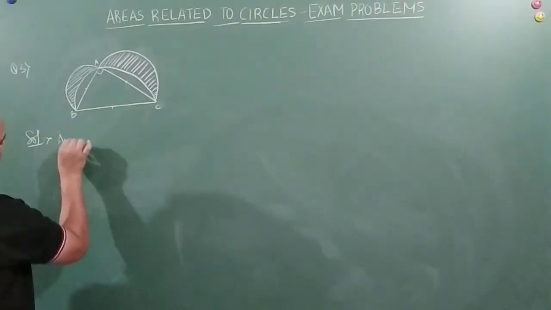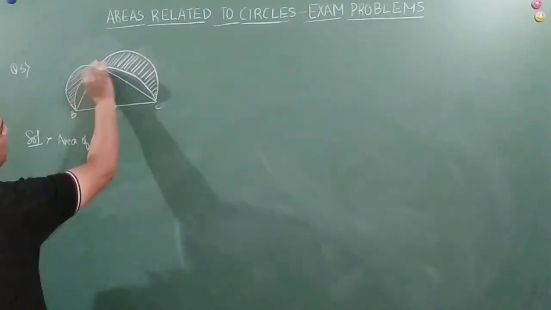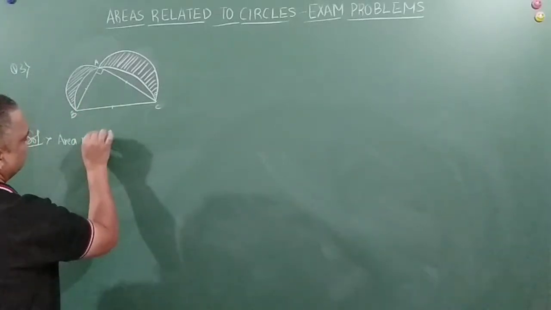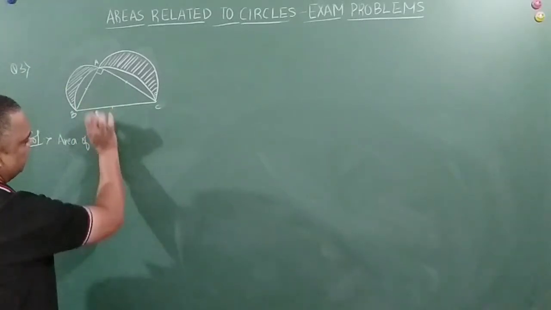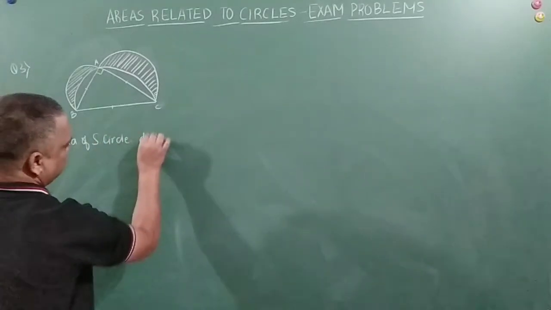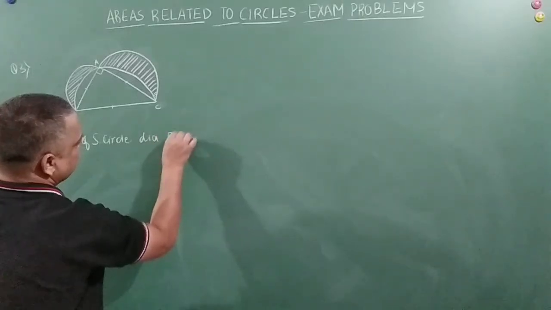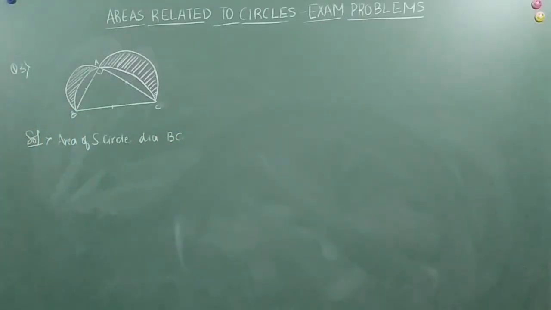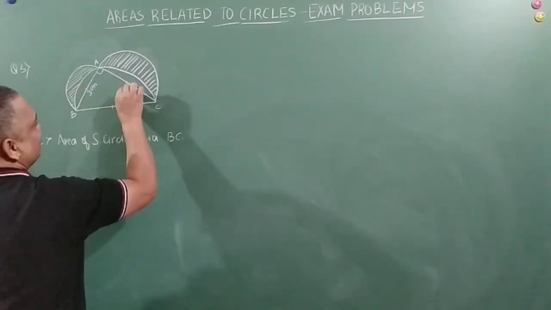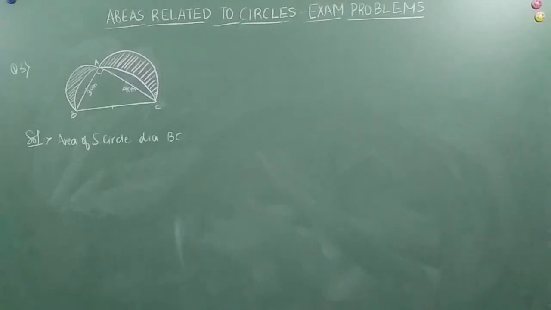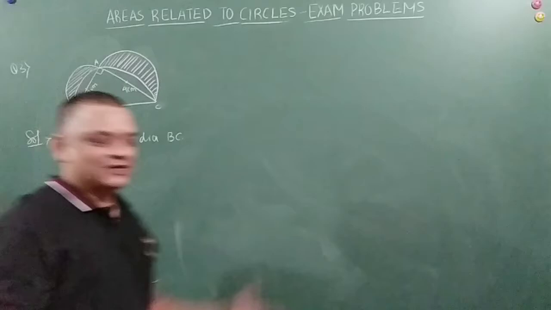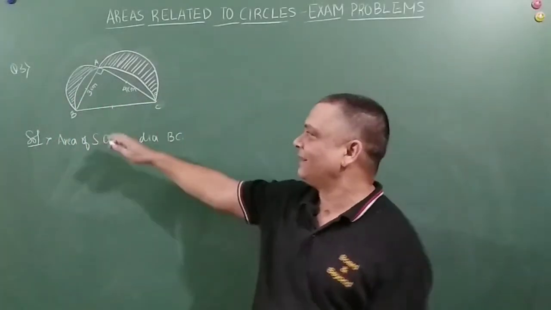Area of semicircle with diameter BC, right? And one more thing, friends. This is 3 centimeter and 4 centimeter is given. Now the question is complete. I'm so sorry. So if this is 3 and this is 4, using Pythagoras theorem, we can find out the hypotenuse.